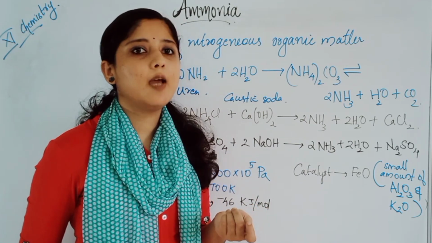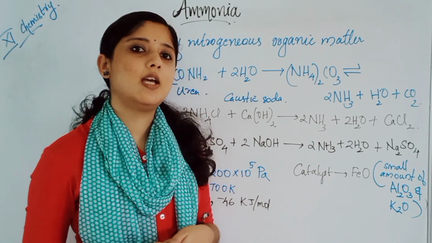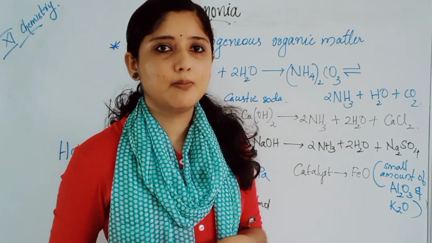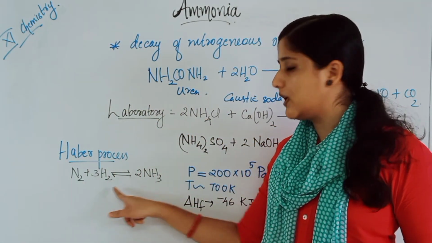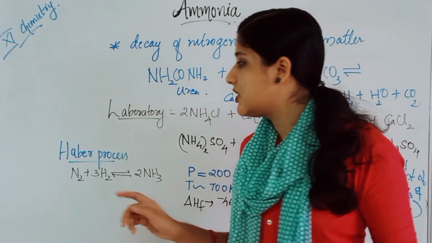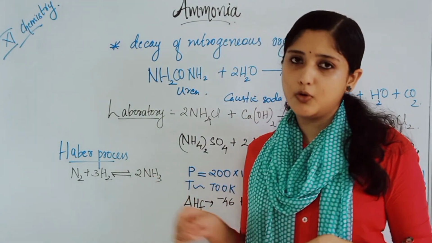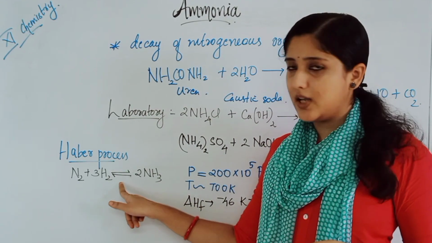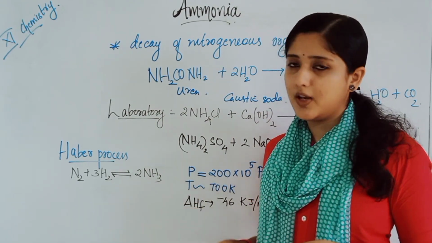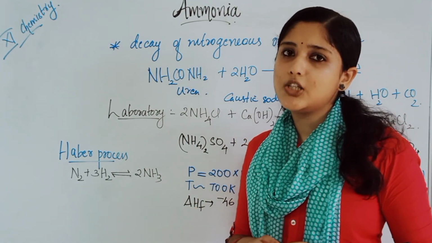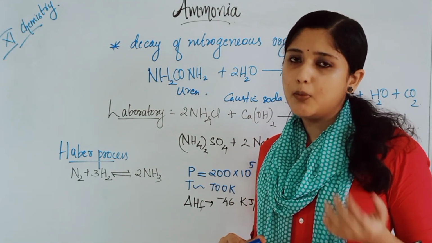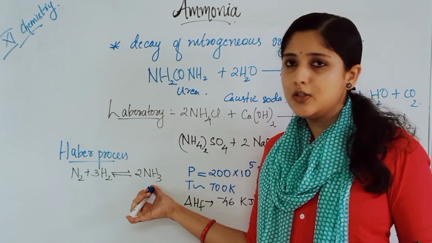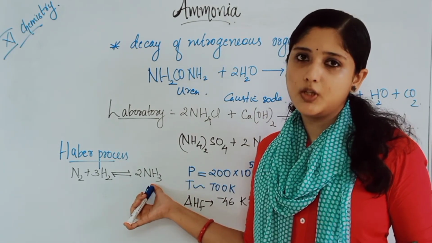Next, the main method of preparation we studied is the Haber process. N2 plus 3H2 will react under high temperature to obtain ammonia. N2 plus 3H2 gives 2NH3. This industrial method of preparation by Haber process is a reversible reaction. Look at the arrow, it's a reversible reaction. According to Le Chatelier's principle, higher pressure will favor ammonia formation.